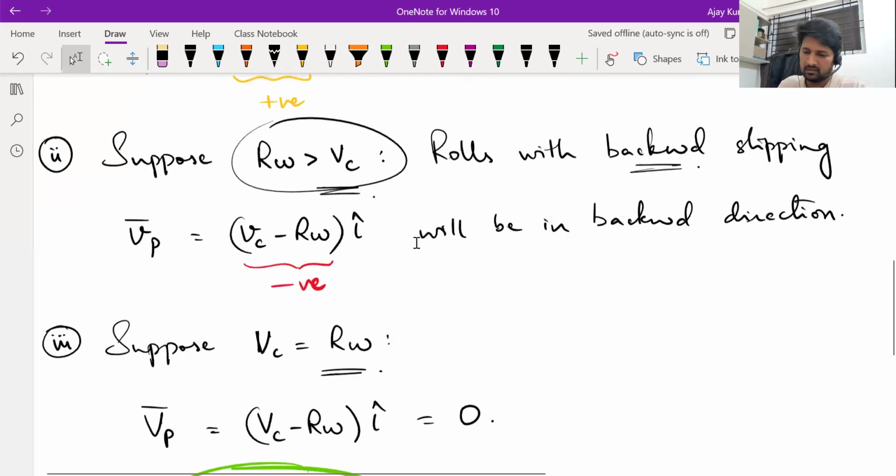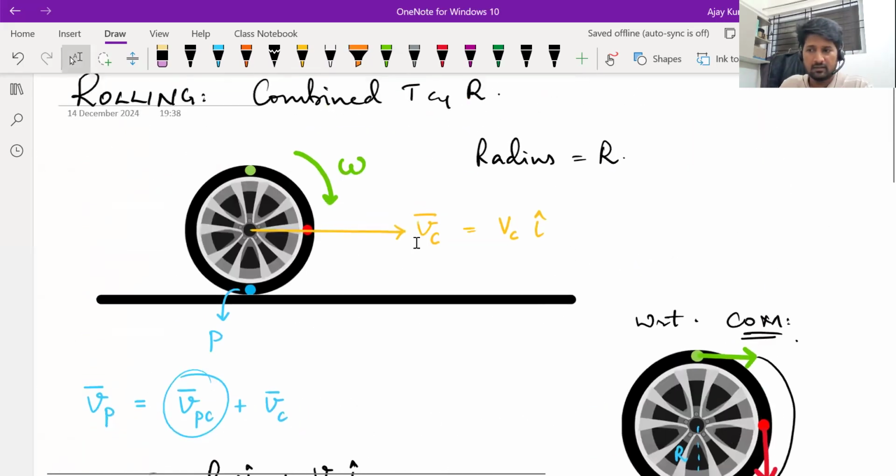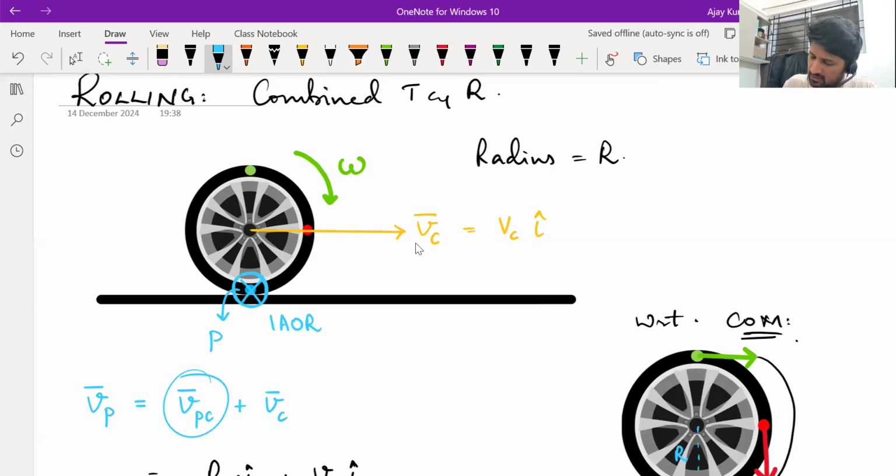And if one particle of a rigid body is at rest, then we can tell for sure that the entire system must be in pure rotation about that point or about that axis. So this becomes the instantaneous axis of rotation in case of pure rolling.